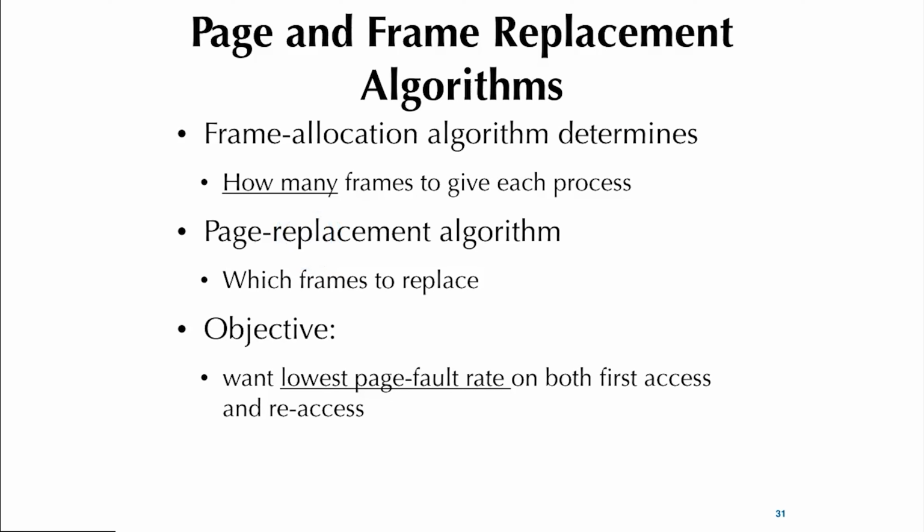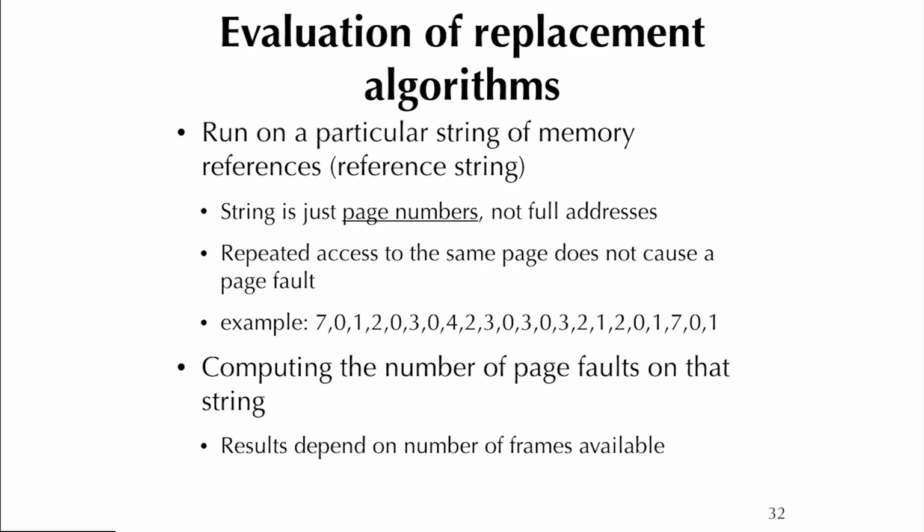Now, page and frame replacement algorithms include, so we talked about this, frame allocation and page replacement, right? Frame allocation is how many frames to give to each process. Page replacement says which frame to replace. But both objectives are, one, the lowest page fault rate on both first access and re-access. To evaluate these page replacement algorithms, usually what's done is called a reference string.